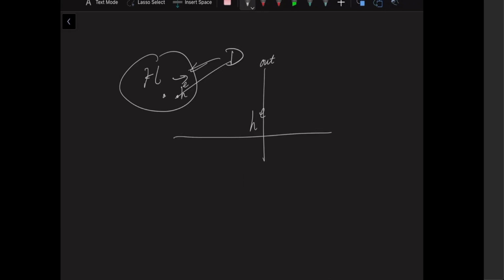When we evaluate this HE, the in-sample error of HE on D is located somewhere beyond the plus-minus epsilon region around the out-of-sample error of HE.